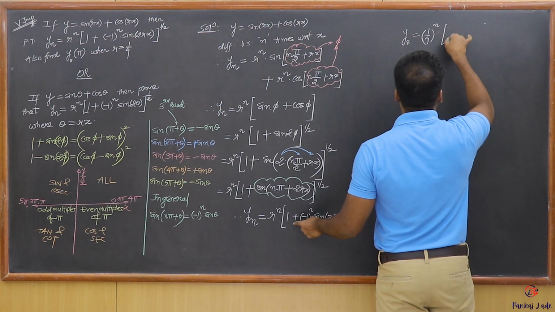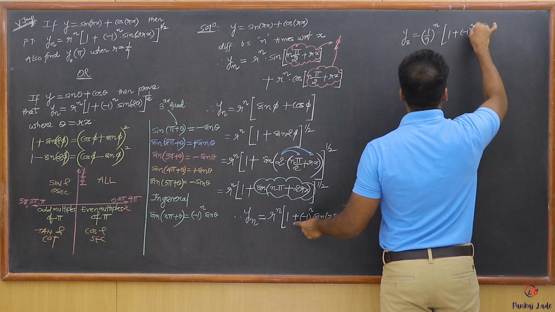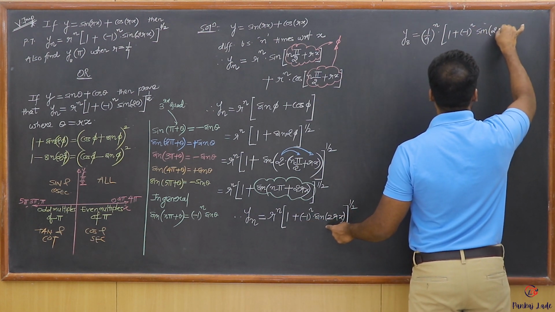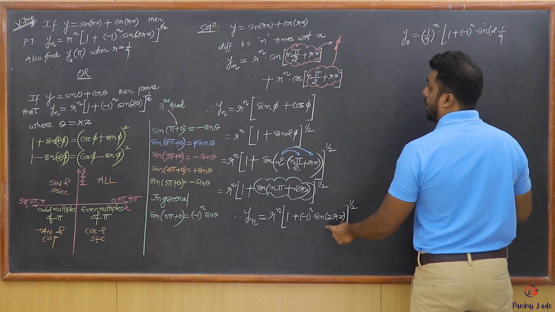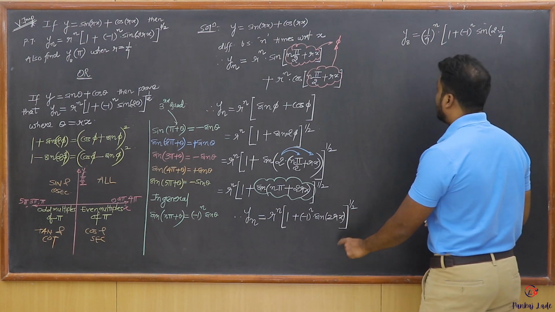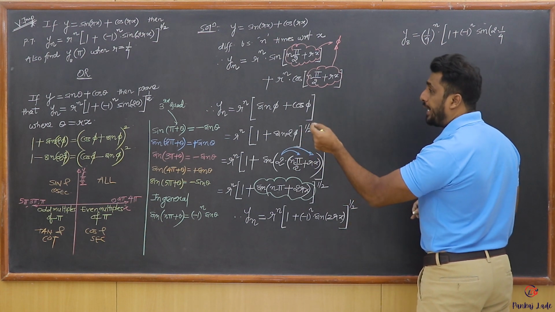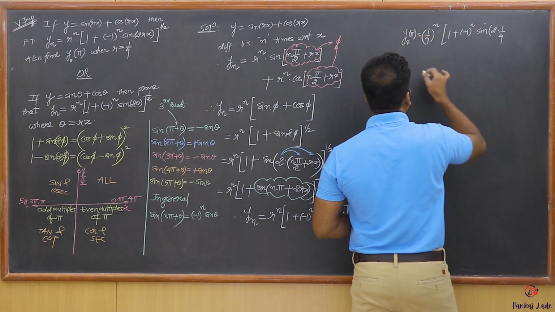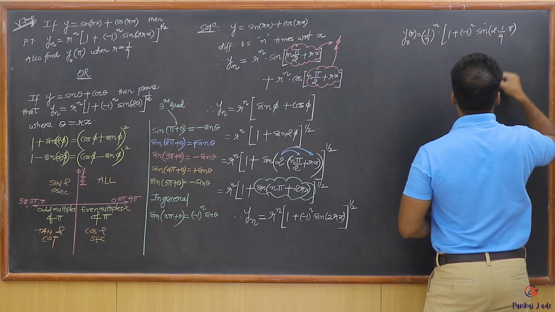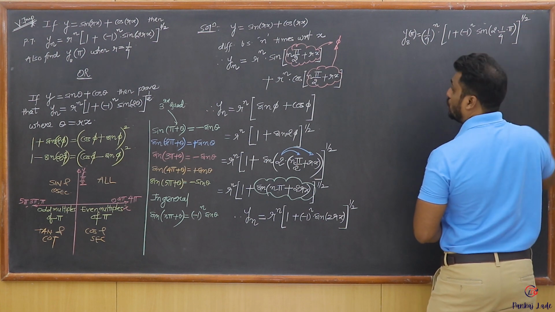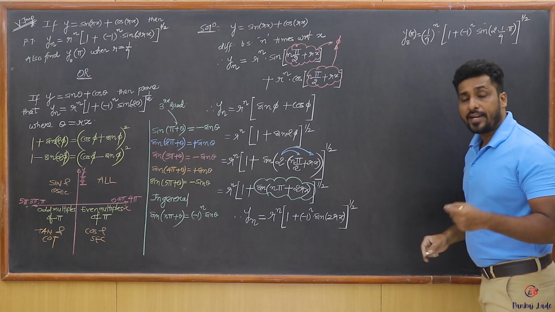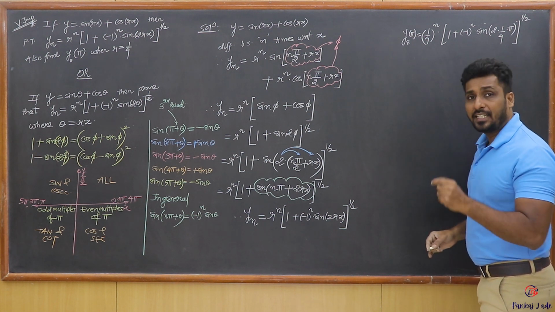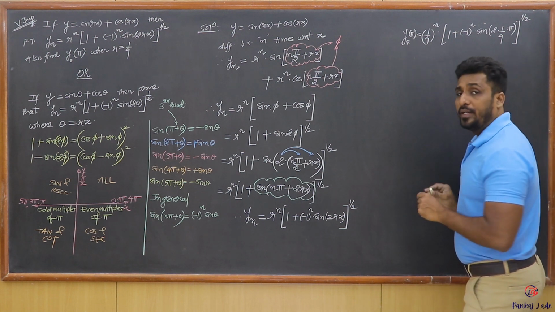Bracket 1 plus minus 1 raised to n into sine of 2 times r, which is 1 upon 4, into x. So you know that you are finding y8 of pi, so I'll change here also. I'll write pi. So x is going to be replaced with pi and this whole raised to 1 upon 2. That's your nth derivative. n is replaced with 8, r is replaced with 1 upon 4, isn't it? And finally, x has to be replaced with pi.